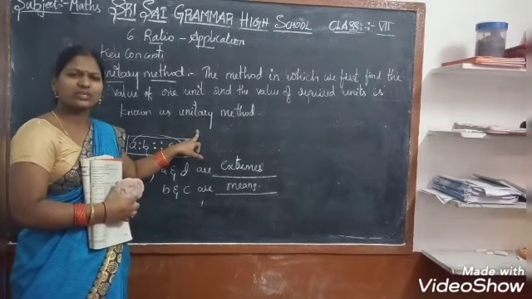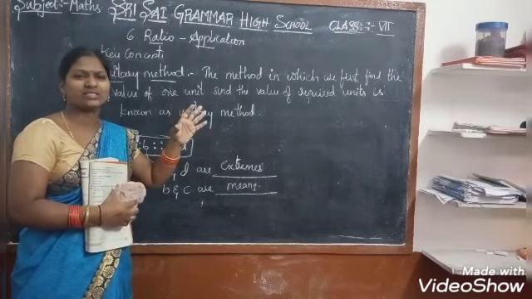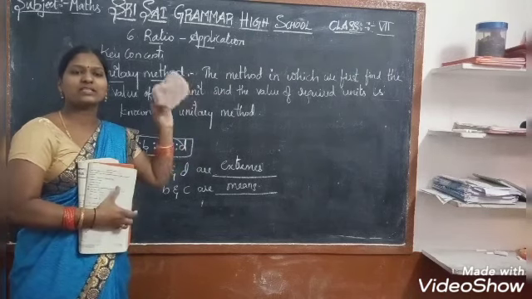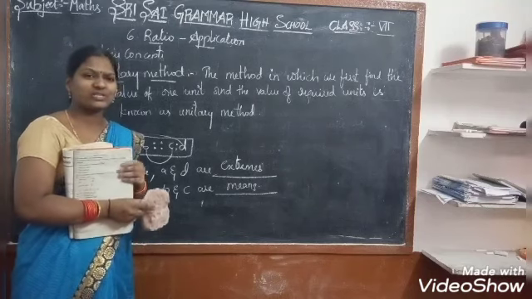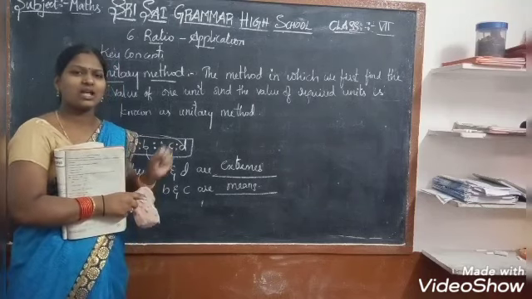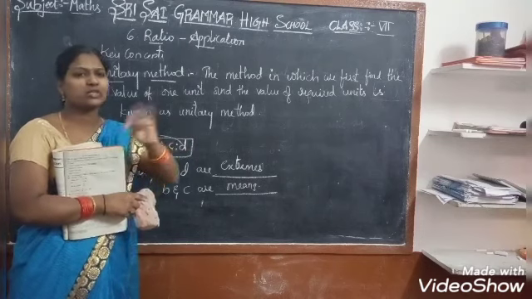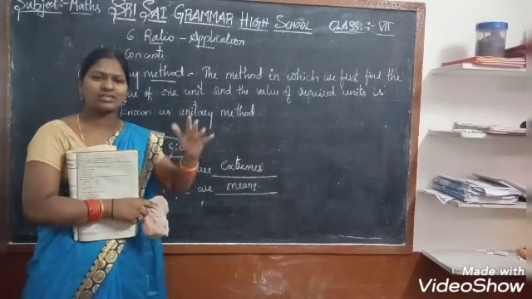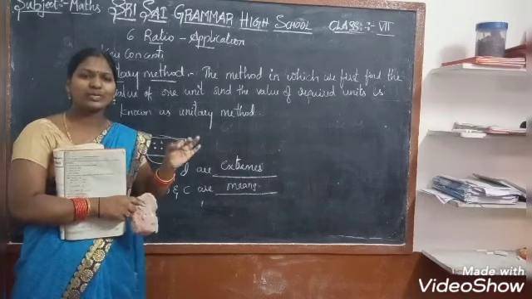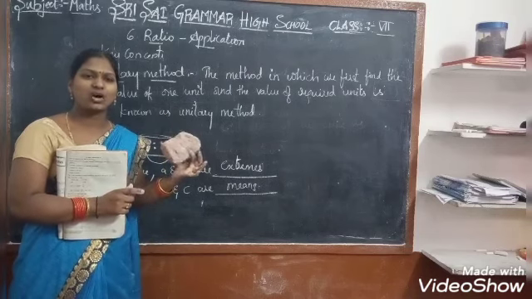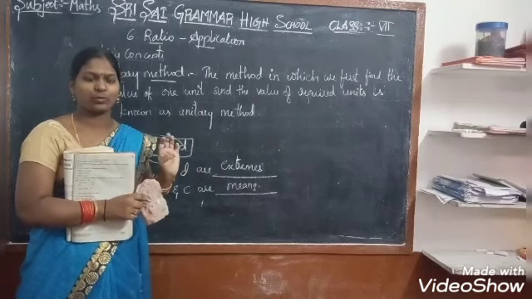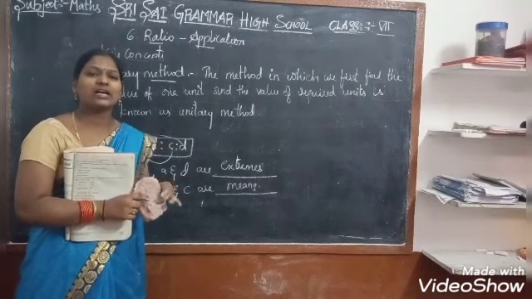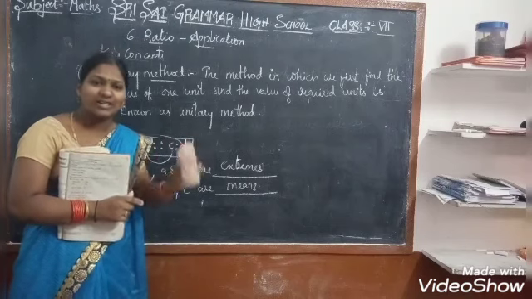What is the unitary method? See, for example, there is a duster. I purchased 12 dusters. The cost of 12 dusters is 94. Just imagine.